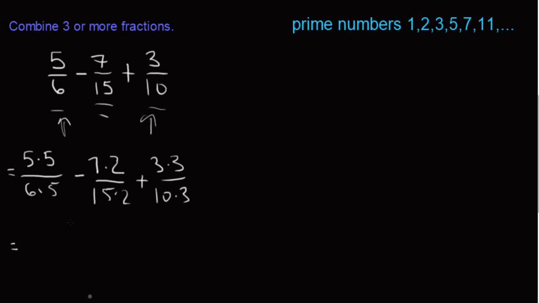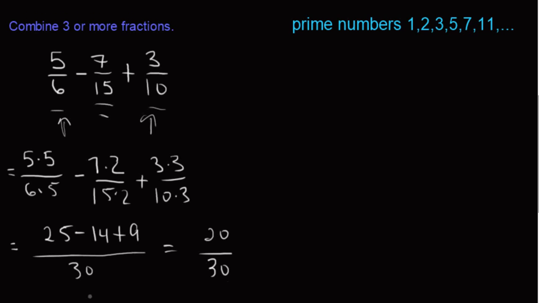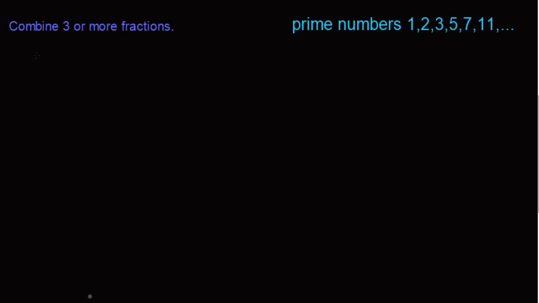So that equals, over the same denominator, 25 minus 14 plus 9 over 30. 25 minus 14 is 11, plus 9 equals 20 over 30. When I have two multiples of 10, I can just cancel the 0. That's going to give me 2/3. Simplest form. Let's look at another example.